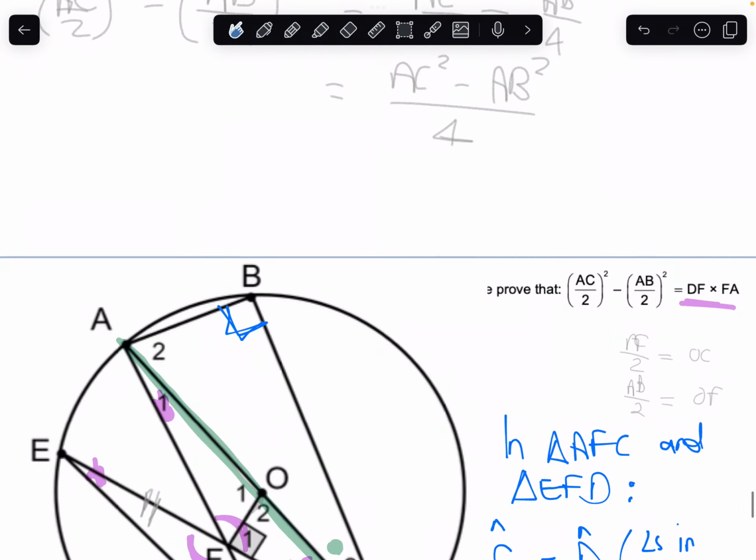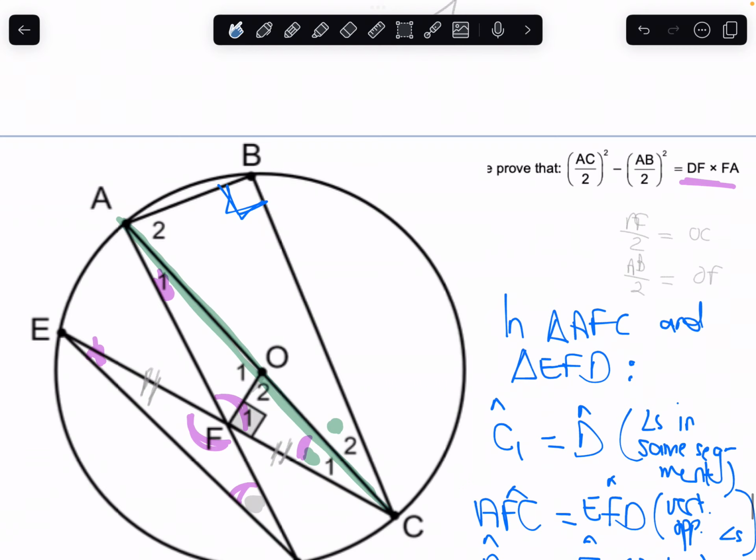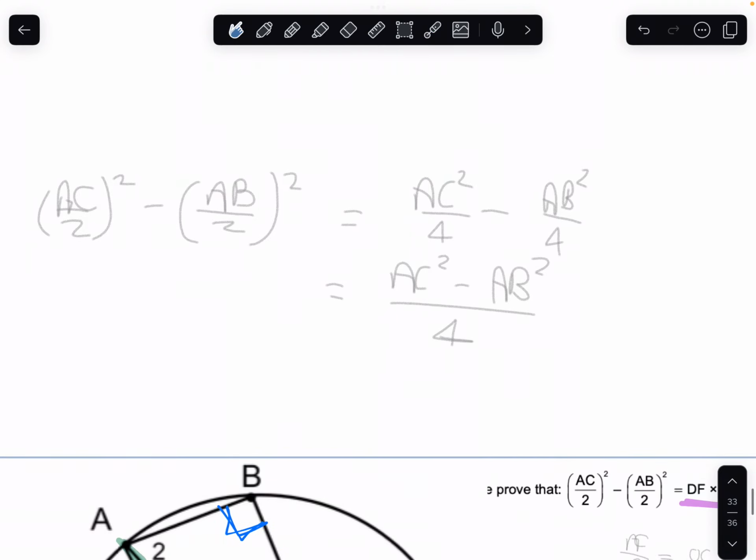And AC squared minus AB squared is equal to BC squared, because of Pythagoras again. So that is equal to BC squared over 4.